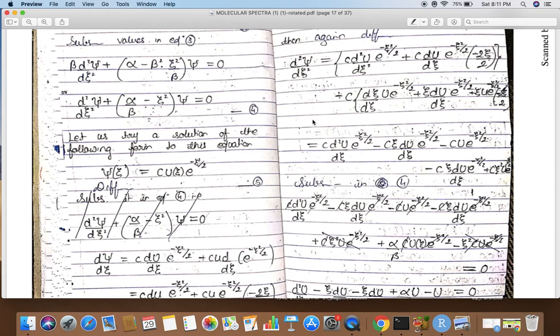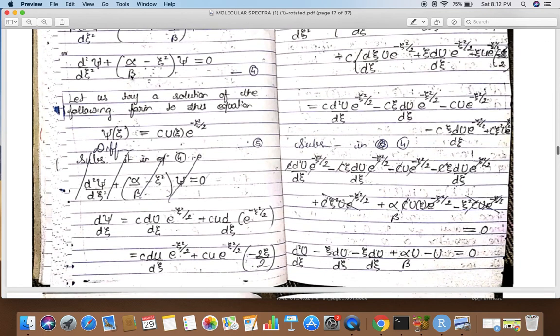Now once you put the value of d square psi by d xi square in equation number 4, you have alpha divided by beta, then psi. In place of psi you have c u of xi exponential xi square by 2, then alpha divided by beta c u exponential, and this minus xi square, then xi square c u exponential.